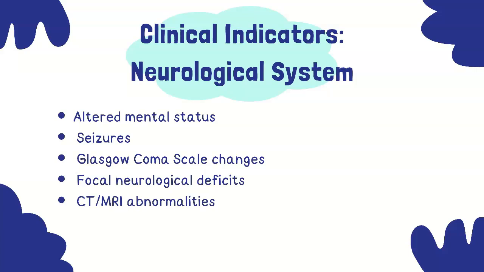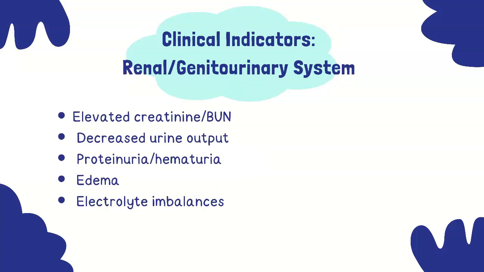All right. Next up, we have the kidney and genitourinary system. So, an elevated creatinine and BUN, which is blood urea nitrogen, suggests impaired renal function or acute kidney injury. They abbreviate that as AKI. Decreased urine output, what's it called? Oliguria, a classic sign of renal failure.